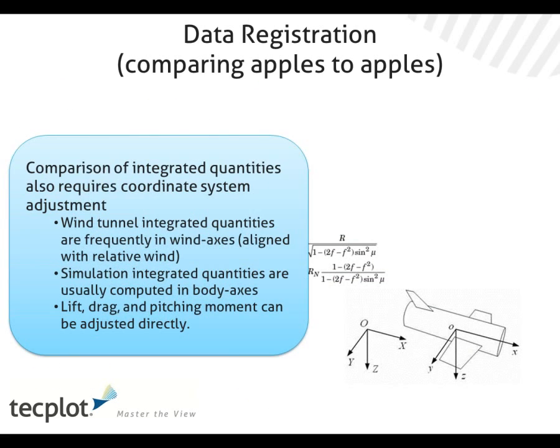And in addition to coordinate systems, the integrated quantities are certainly an issue that you have to be aware of. It may not be obvious with integrated quantities that they are in different coordinate systems. If you have a force coefficient, a lift coefficient, or a drag coefficient, you may find that they're totally off and not know why, and it may be that you're using slightly different coordinate systems for your integrations.